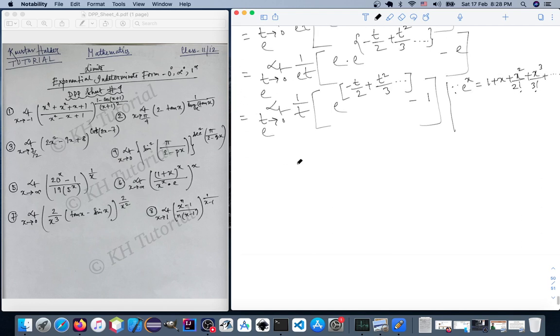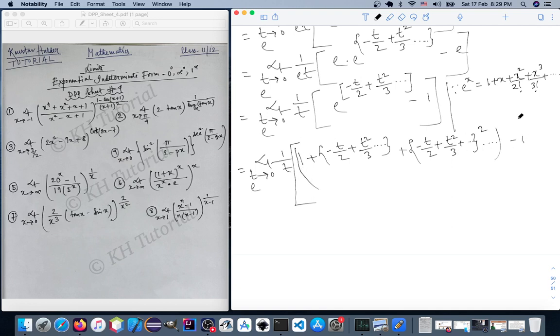If we use this formula, we get 1 by t, 1 plus minus t by 2 plus t square by 3, plus minus t by 2 plus t square by 3 whole square and so on, minus 1.